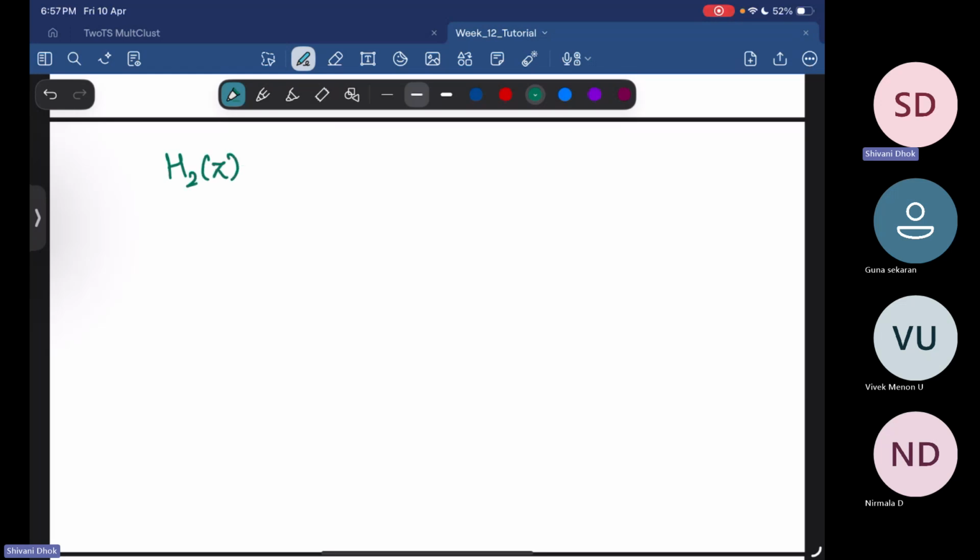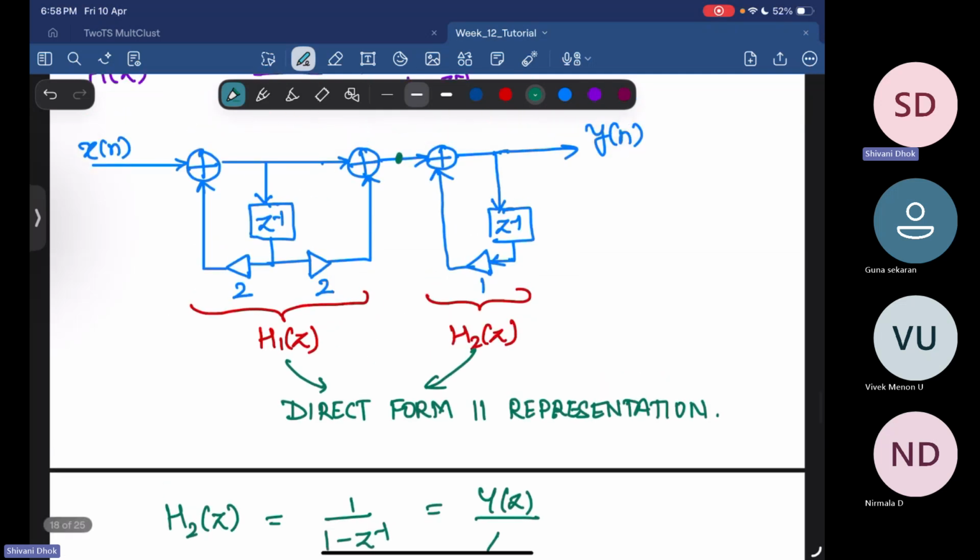One second. You have H2 of Z, which is equal to 1 upon 1 minus Z inverse. Now let's say this is Y of Z, and let's say the output of this signal here is your W of n.